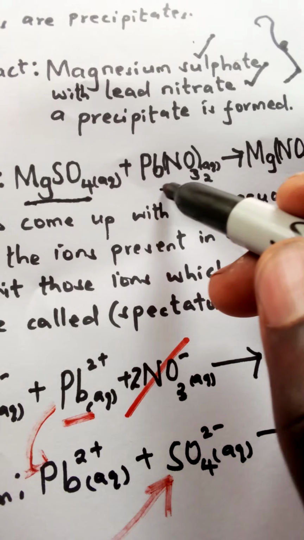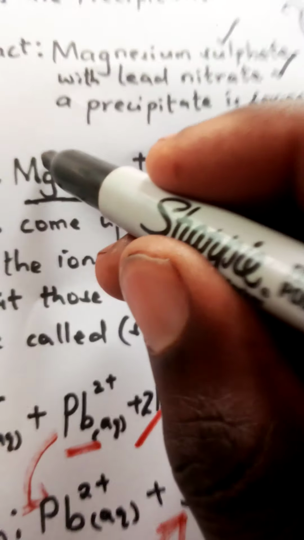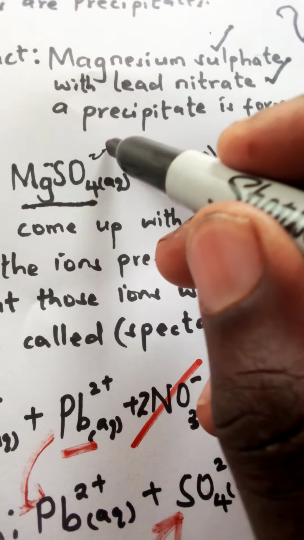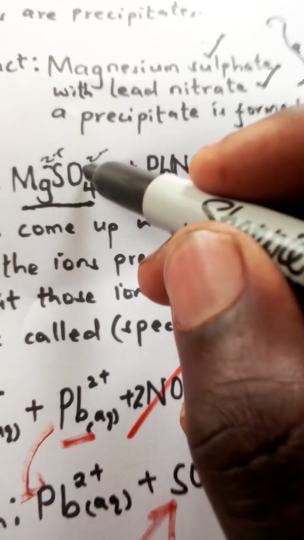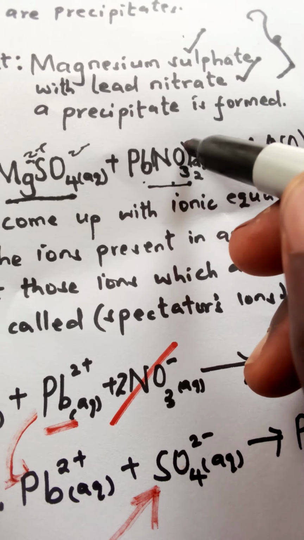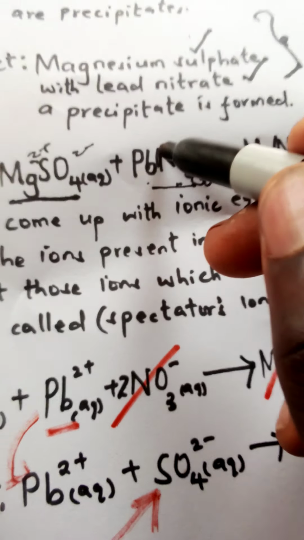And then we have lead nitrate, that is also aqueous. Magnesium has valency 2, sulfate has valency 2, so 2 positive, 2 negative. When they interchange, they cancel. But lead has valency 2, nitrate has valency 1. They interchange to give the subscript 2 from the valency of lead.